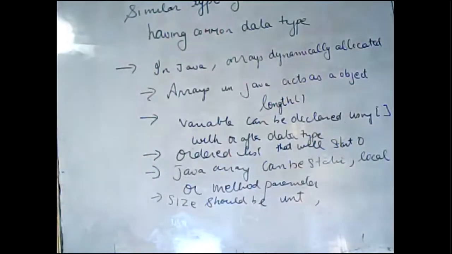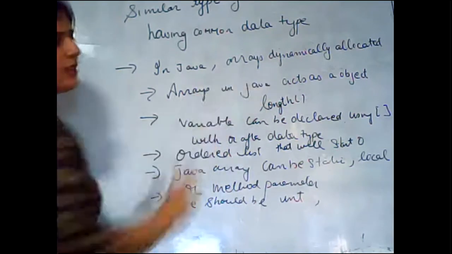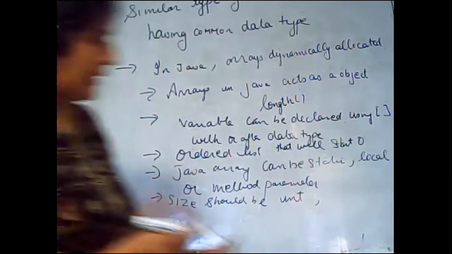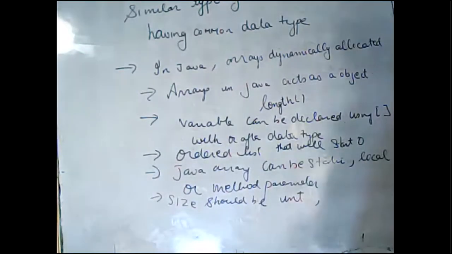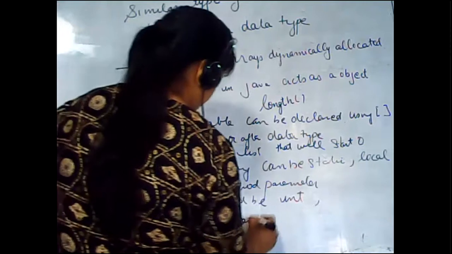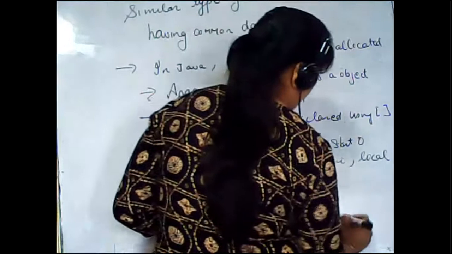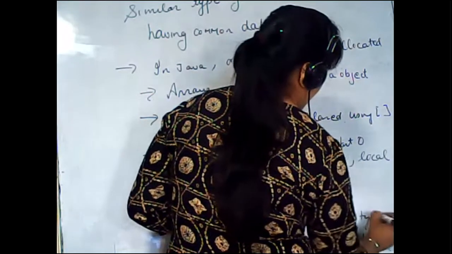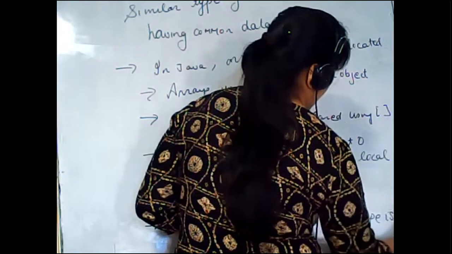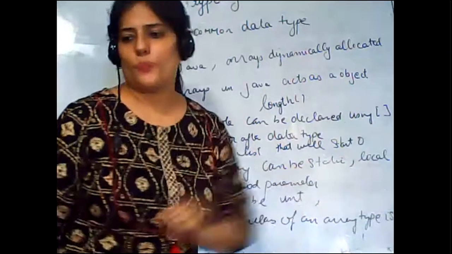The last feature is that arrays in Java act as an object, so the direct superclass of an array type is Object.